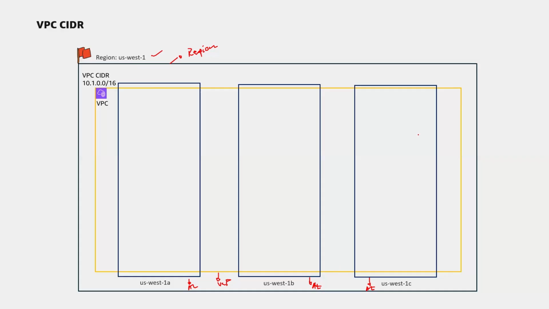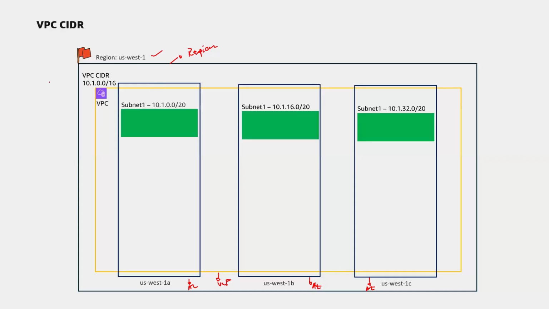So what we do here is we allocate a CIDR block, or a range of IP addresses, to our VPC. In this case, 10.0.0.0/16. And we create subnets so that we can deploy our resources. Now we did some subnetting, and then we came up with a /20. This is a chunk, or a small portion, of this larger network.